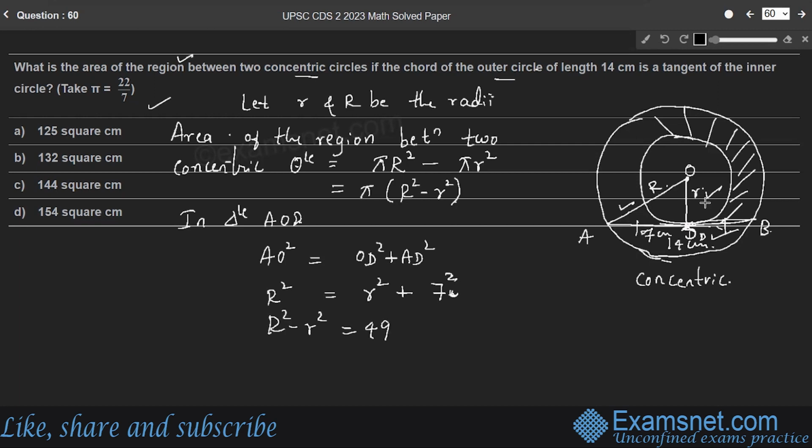The required area is pi, which is 22/7, into 49. 7 into 7 is 49, and 22 into 7 is 154 centimeter square, the area of the region between two concentric circles. Hence, option D, 154 square centimeter is the answer.